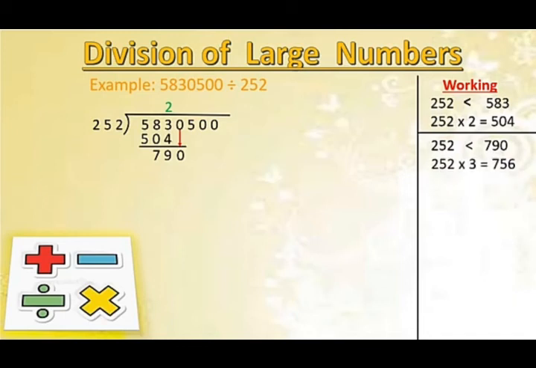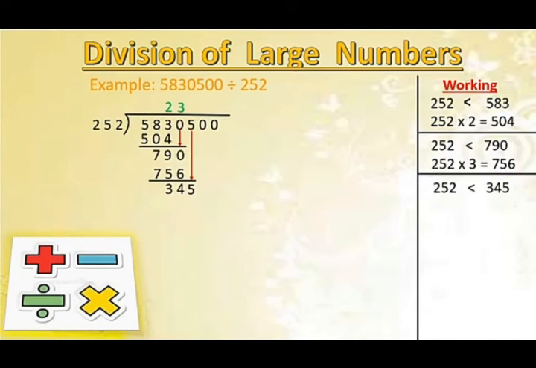We see that 252 into 3 is equal to 756. So, we write 3 as quotient above 0. After subtracting, we get 34.